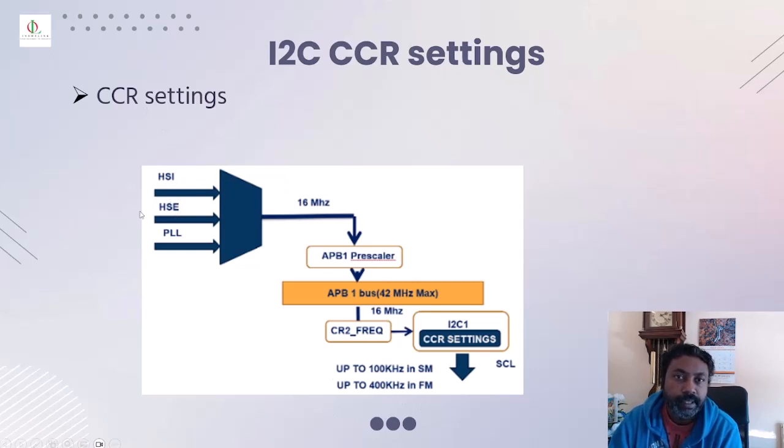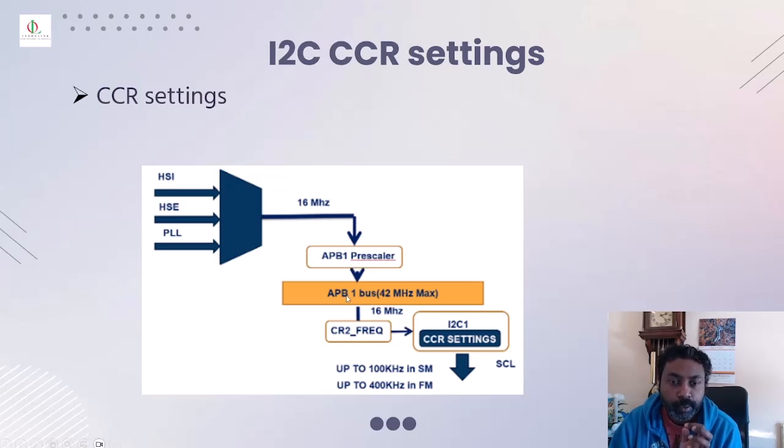As we see in the basic functional diagram, in one of the pre-scaling examples I showed, it comes with the high-speed internal, high-speed external clock and the phase-locked loop. All the clocks are sent to the mux, and we need a system clock, and we were using only 16 megahertz for this, and that's fed to the APB1 because that's the one connected to I2C1.